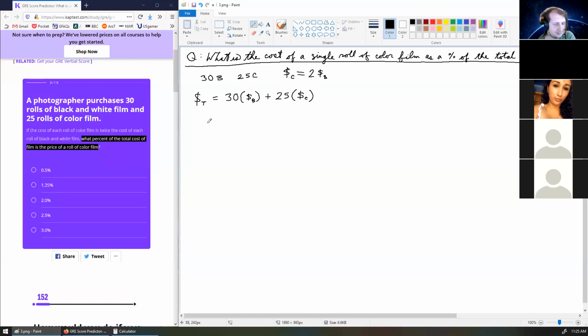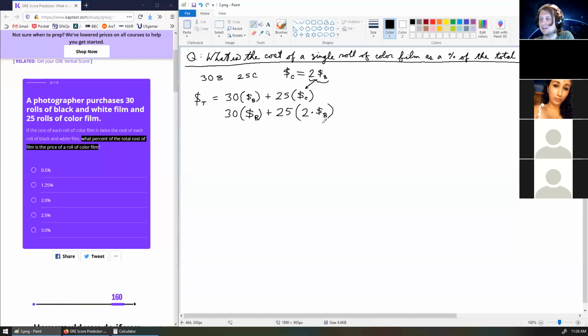All right. So if we break this down, let's get this down to one variable now. If we want to get rid of color, we can swap this in for this. So 30 plus 25 times 2 times the cost of black.